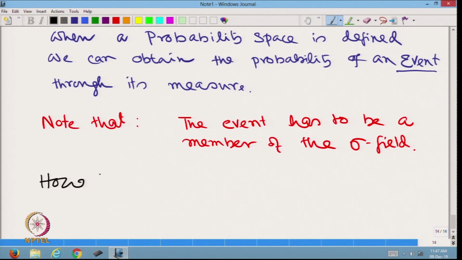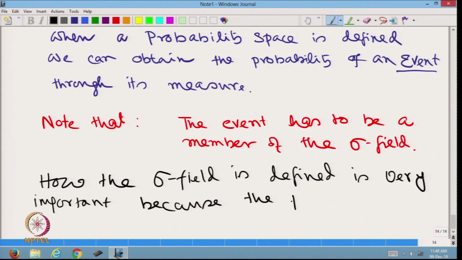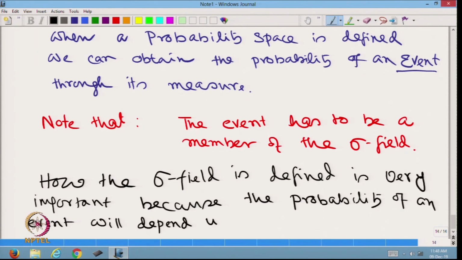Now, how the sigma field is defined is very important, because the probability of an event will depend upon the sigma field S.